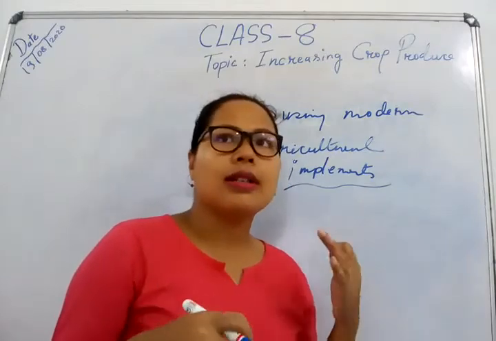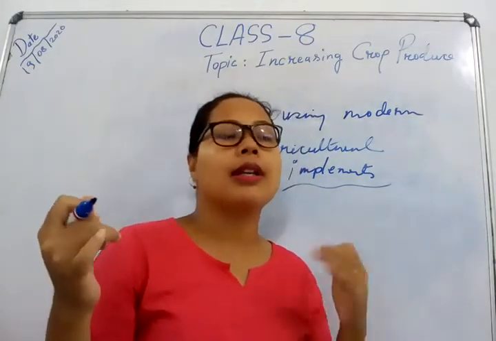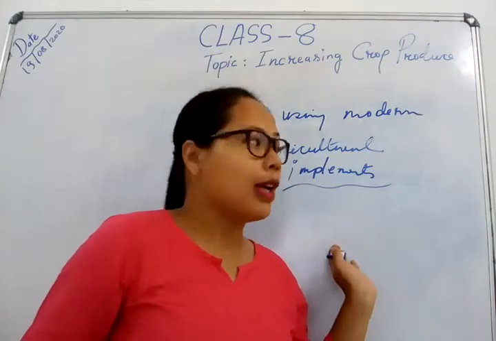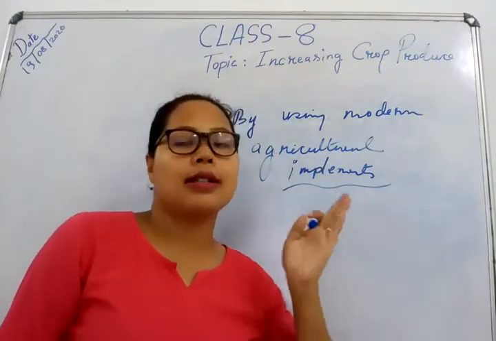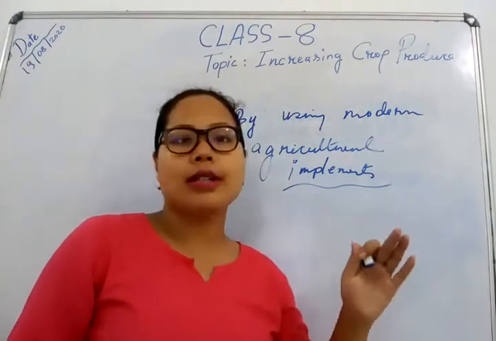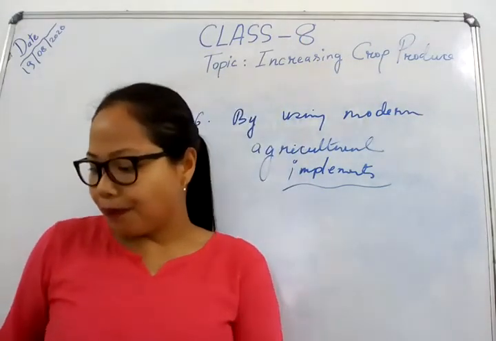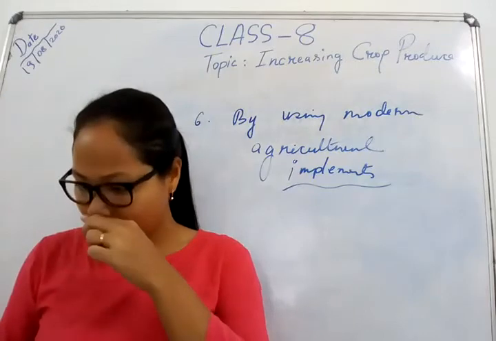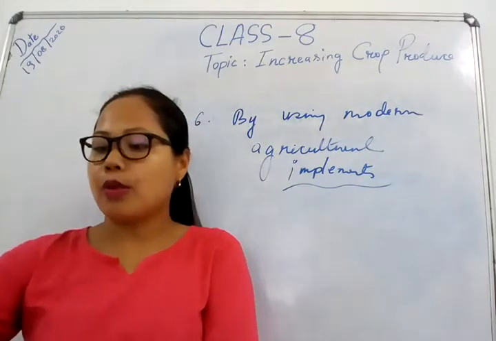Nowadays things have developed and advanced in agriculture, and we can use modern apparatus, like tractors, as I mentioned earlier. These things can be used in order to increase crop production. So all these methods will help in increasing crop production.